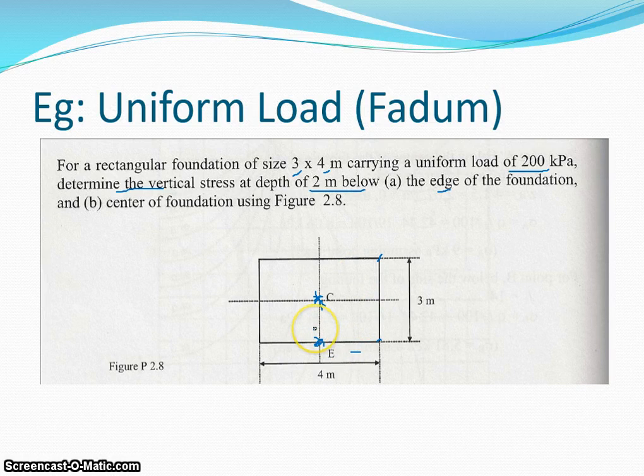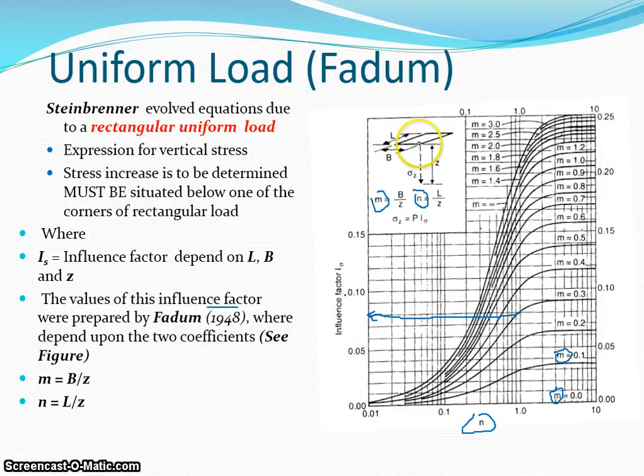In Fadum, if you note the figure given in the graph, the first principle that Fadum outlined from his method is that the stress increase to be determined must be situated below one of the corners of the rectangular loop.